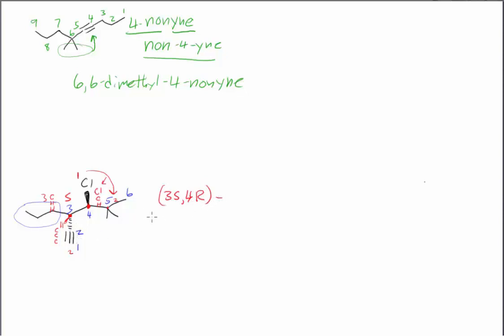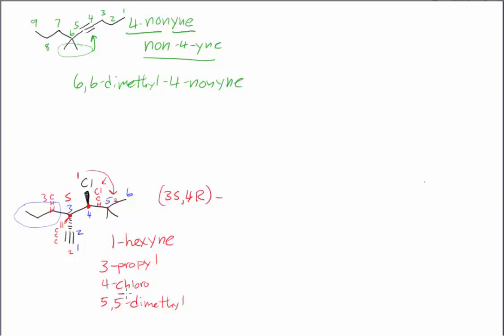And then we have some substituents here. We have a 3-propyl. I have a 4-chloro. And I have a 5,5-dimethyl. And lastly, I have hexyne. And I have 1-hexyne because my alkyne is at the front, at the first carbon.